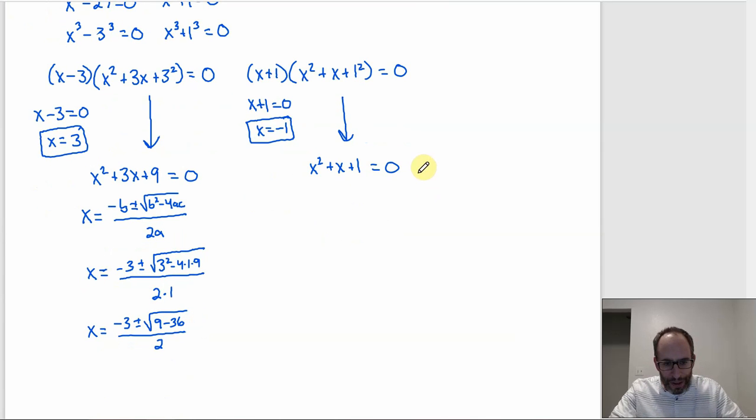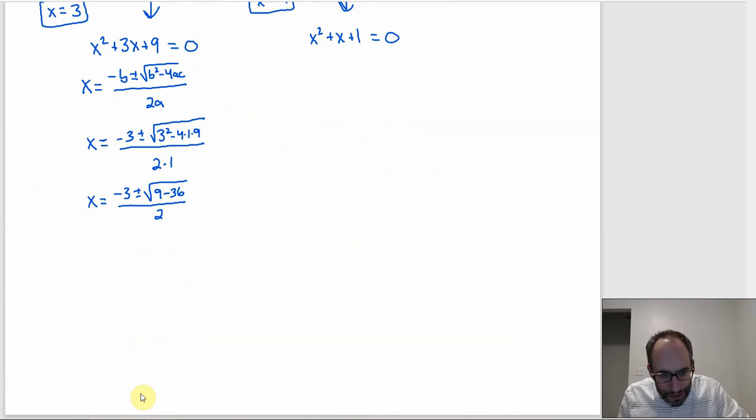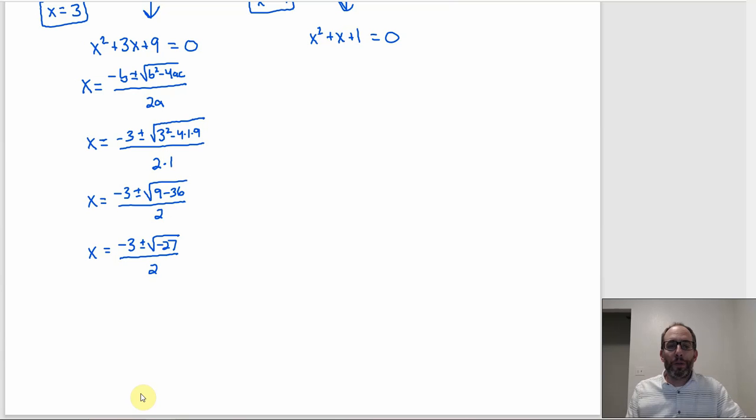All right, that's going to be a negative 27 underneath the radical, so negative 3 plus or minus the square root of negative 27 over 2. We could factor out the negative 1, so then that way we would have the i. So negative 3 plus or minus radical 27 i over 2.